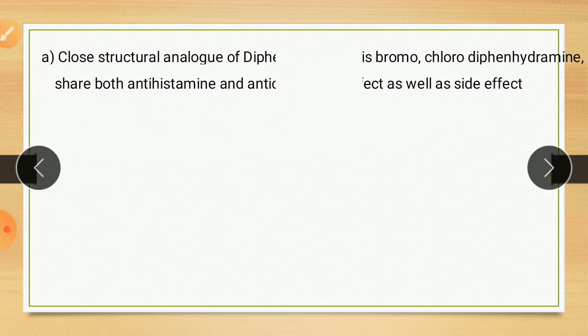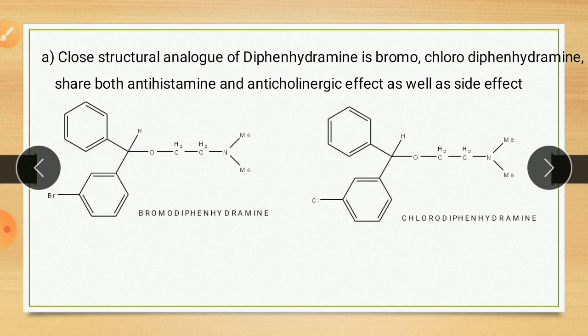First point, the close structural analogs of diphenhydramine, bromodiphenhydramine and chlorodiphenhydramine, share both antihistamine and anticholinergic effects as well as side effects. They are derivatives of diphenhydramine with a bromo group on the para position, and here a chloro group.